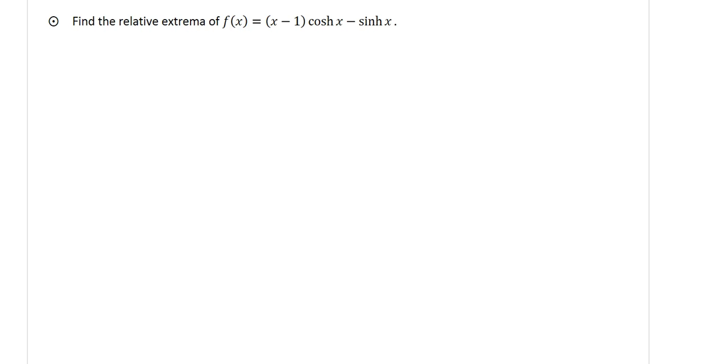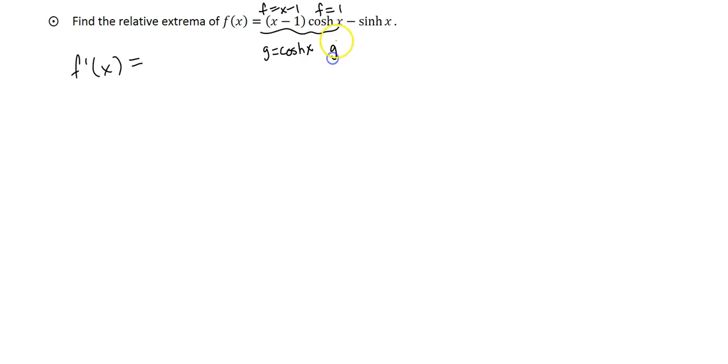So if I want to find the relative extrema of x minus 1 times the hyperbolic cosine of x minus the hyperbolic sine of x, f prime of x, for this one I would have to use the product rule, so f would be x minus 1, which means f prime is 1. g would be the hyperbolic cosine of x, which means g prime would be the hyperbolic sine of x.